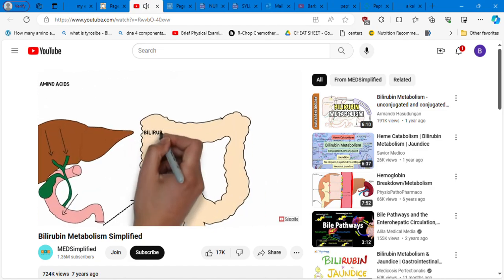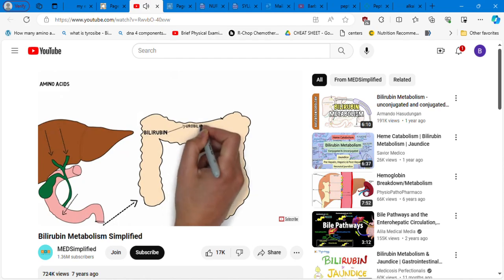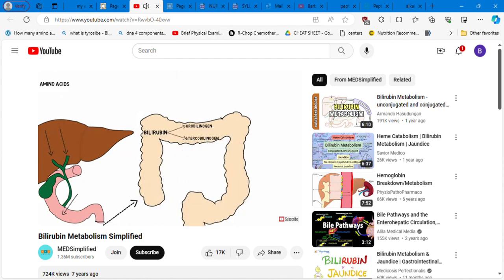In the colon, the bilirubin is acted upon by a number of microorganisms and is converted into urobilinogen and stercobilinogen. Majority of these compounds are excreted in the feces in the form of stercobilin, which imparts yellow color to the feces.